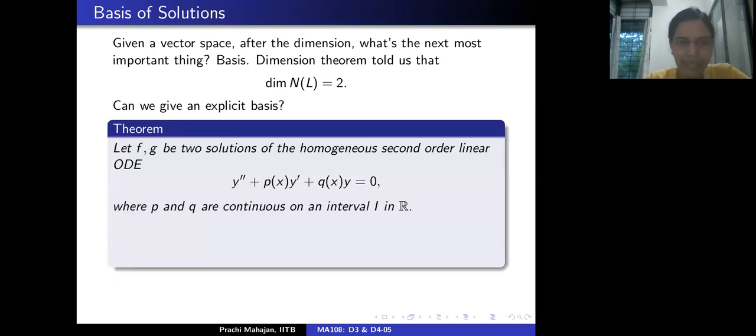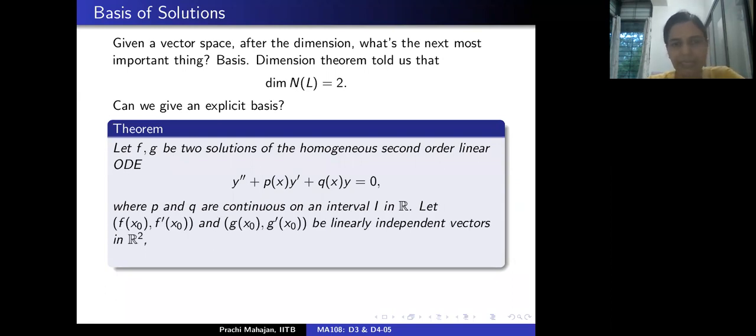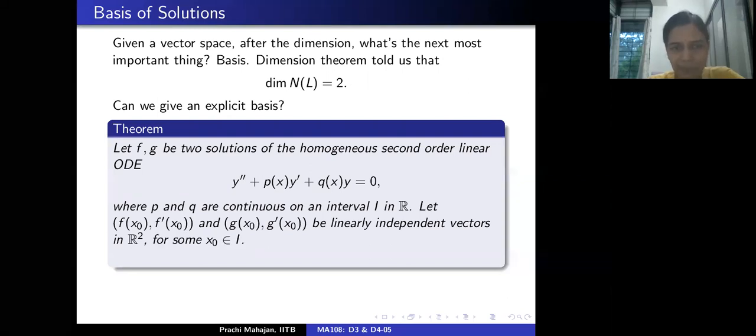So here is what is known. Suppose that f and g are two solutions of this second order linear homogeneous differential equation in standard format: d squared y by dx squared plus p(x) dy by dx plus q(x) y equals 0, where p and q are assumed to be continuous on a certain interval I in R. Suppose that you look at the vector (f(x0), f'(x0)) and another vector (g(x0), g'(x0)), and these two turn out to be linearly independent in R2.